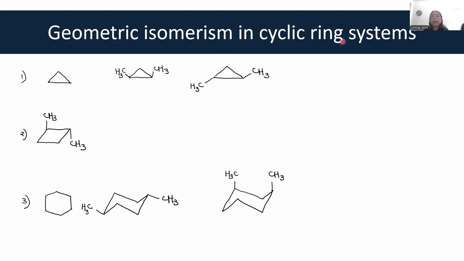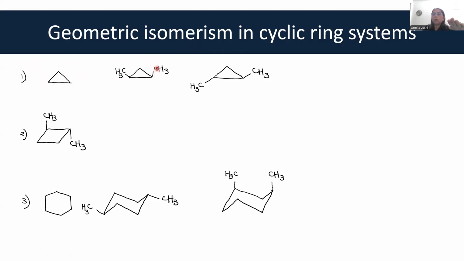Coming to geometric isomerism in cyclic ring systems, this is cyclopropene. Now, if we talk about 1,2-dimethyl cyclopropene, that can exist in two forms. See, this is a triangular structure as shown over here. That is a flat structure like this.